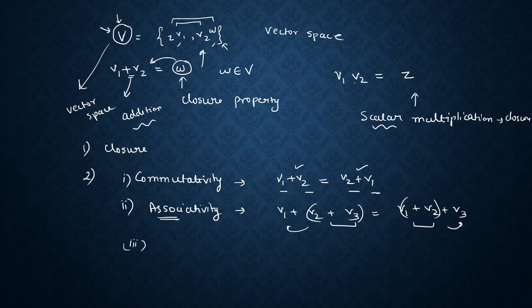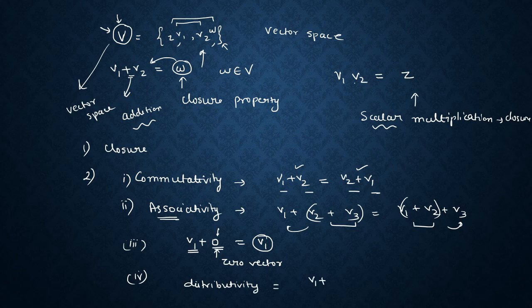Then there must be a zero vector existing. So let's say V1 is an element, and if we add a certain number or element which can give us the same element, then that will be a zero. Okay, zero vector. So there must be a zero vector for that particular vector space. Then distributivity should be there. Distributivity means, let's say if we talk about the operation addition, you have addition of two elements and then a scalar multiplication.